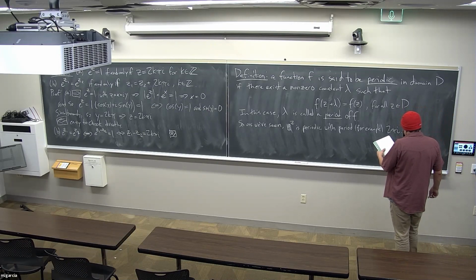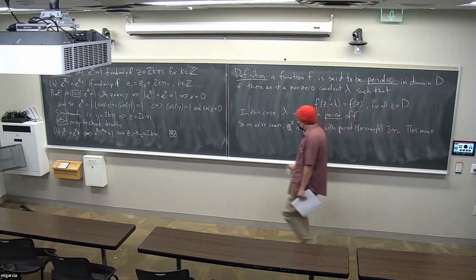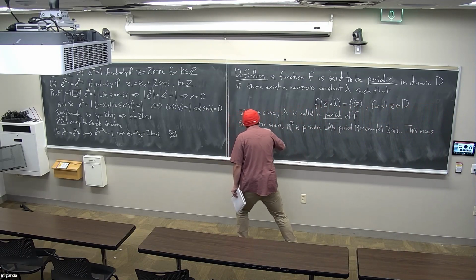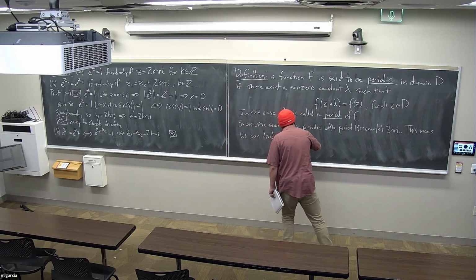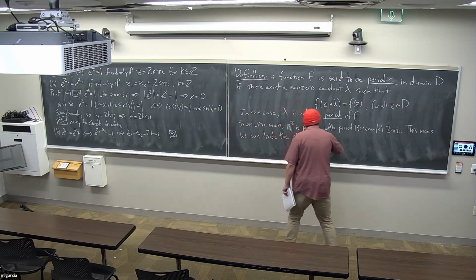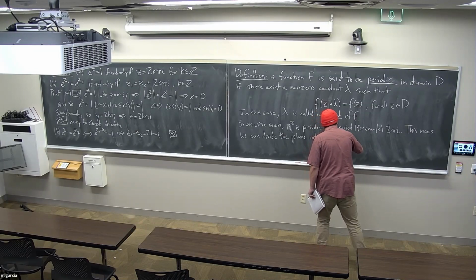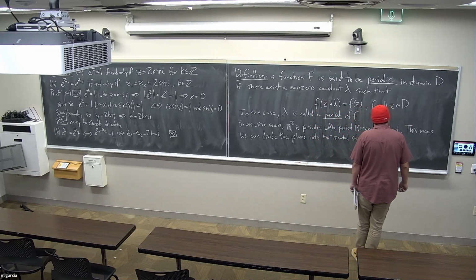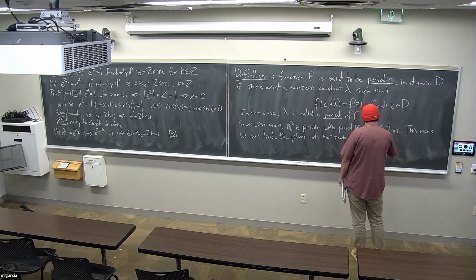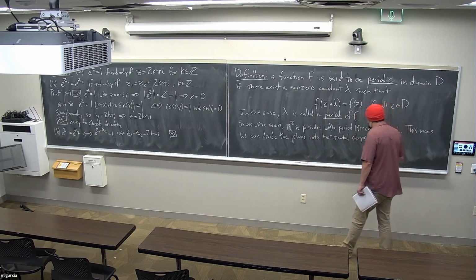So, what does this mean? This means we can divide the plane into horizontal strips, as follows. Draw a picture here.